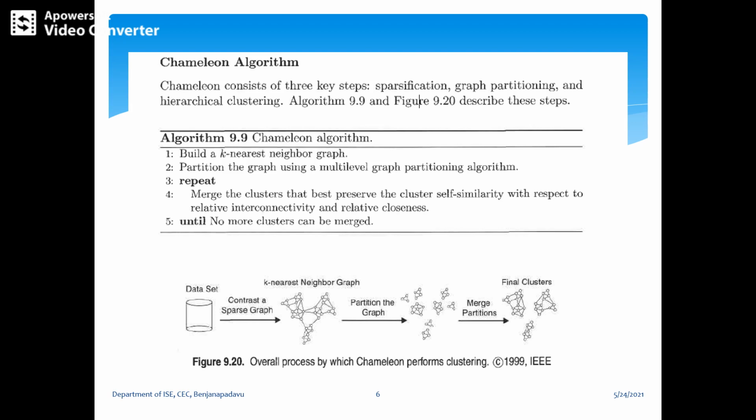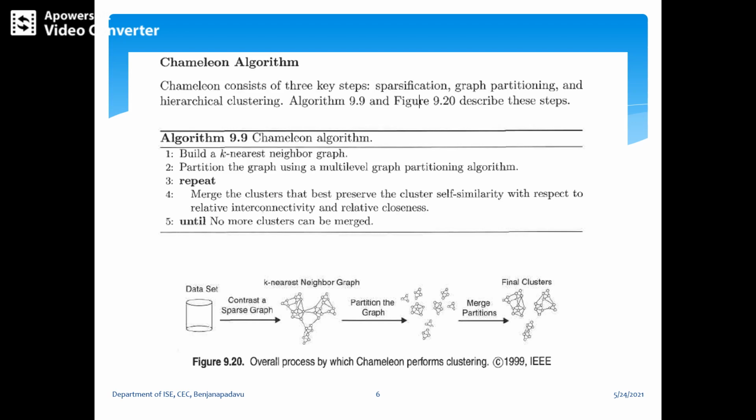First we should discuss the algorithm. Step 1: build a k-nearest neighbor graph. Step 2: partition the graph using a multi-level graph partitioning algorithm. Then repeat: merge the clusters that best preserve the cluster self-similarity with respect to relative interconnectivity and relative closeness, until no more clusters can be merged.